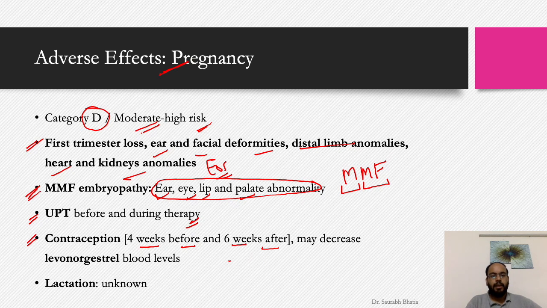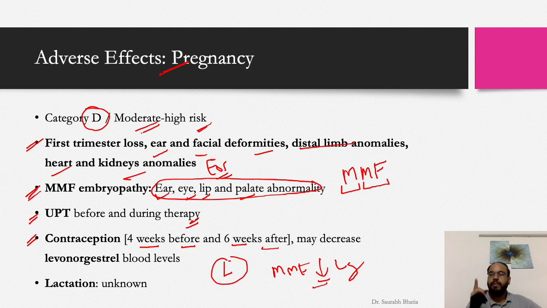Okay, now hormonal contraceptives, predominantly those which have levonorgestrel, you have to be a bit more careful while using both of these two drugs together, because MMF decreases the levels of levonorgestrel. So if the patient is taking OCPs which is predominantly working via levonorgestrel, if we give MMF, the levels of LNG decrease and it may not be that efficacious.